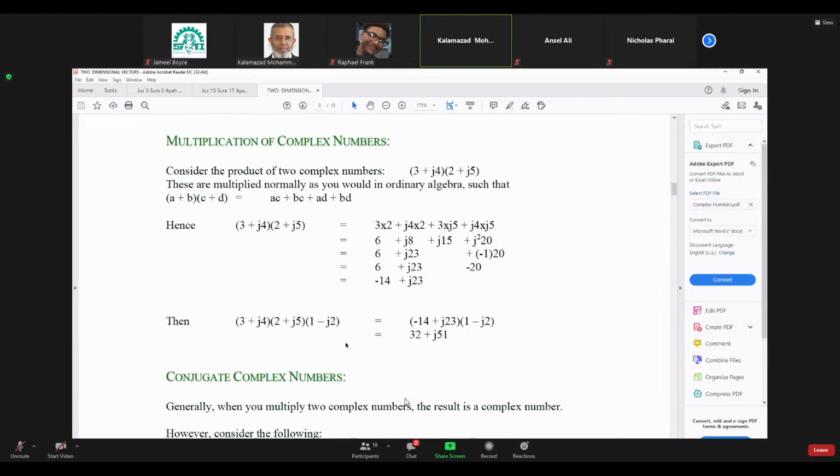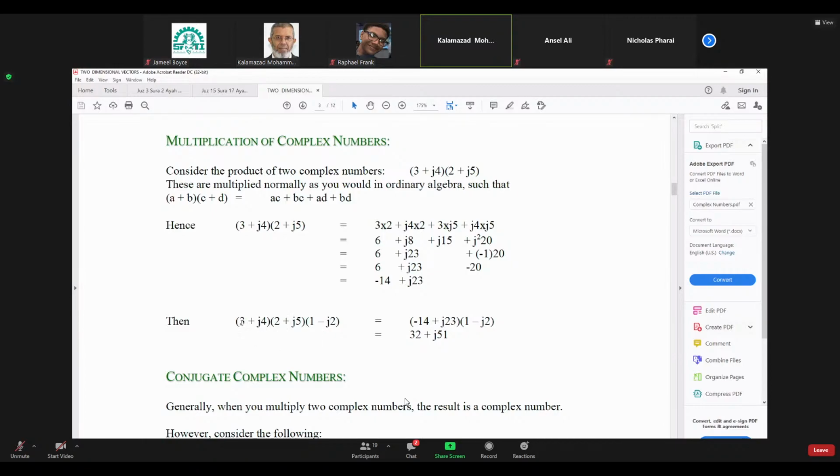All right? Now, the thing about complex numbers and multiplication is that it's associative and commutative. In other words, you can multiply any one first. So for example, we have 3 plus j4 multiplied by 2 plus j5 multiplied by 1 minus j2. All right, you can multiply any pair first and then multiply the third one.